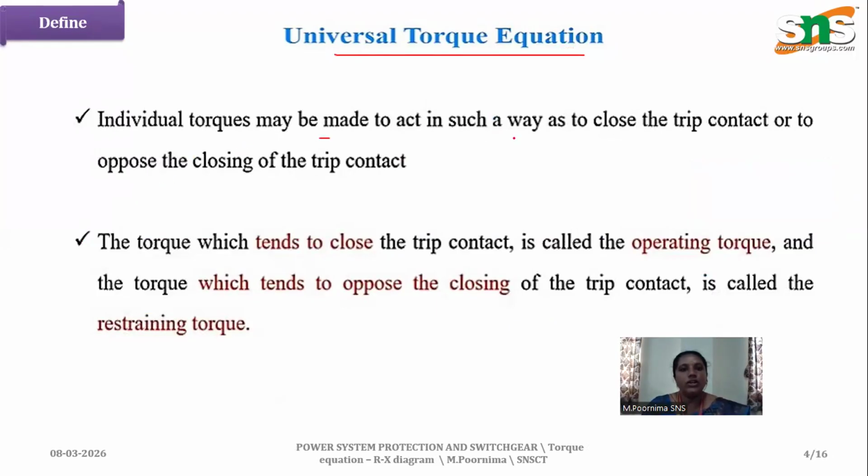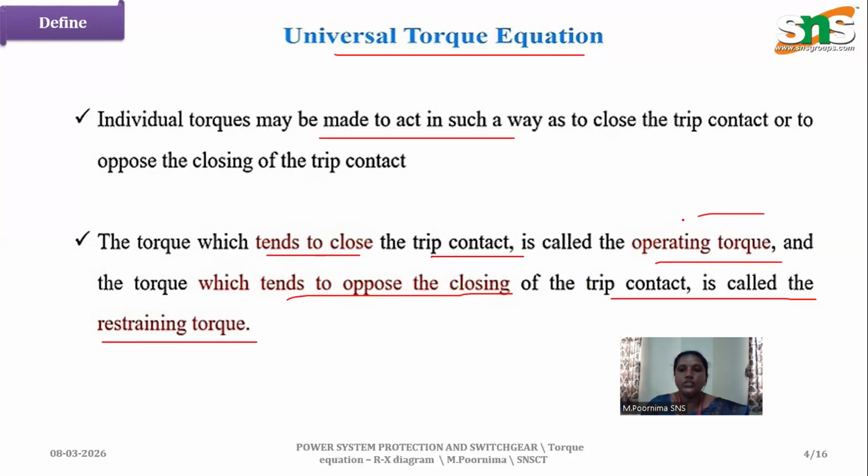Now let's look at the individual torques. An individual torque may act so as to close the trip contact, or to oppose the closing of the trip contact. The torque which tends to close the trip contact is called the operating torque, and the torque which tends to oppose the closing of the trip contact is called the restraining torque.